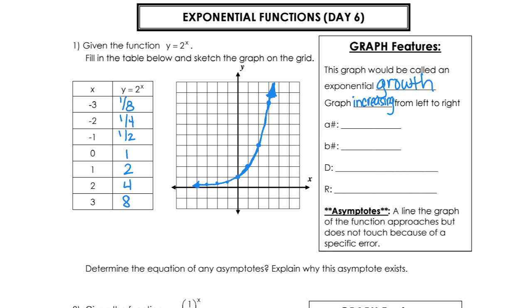Okay. When we talk about exponentials, they have a form of y equals ab to the x. Just like linear equations are y equals mx plus b, and the m stands for slope and the b stands for y-intercept, exponentials have an a and a b, and their a value is actually the y-intercept.